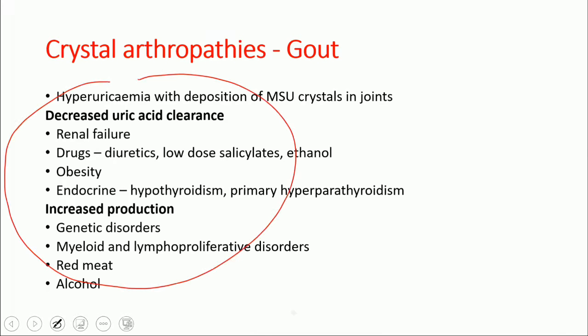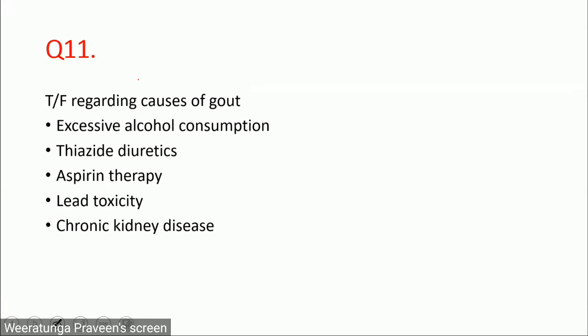Some of the causes are due to reduced uric acid clearance. For example, in renal failure, there is reduced uric acid clearance. Or sometimes you can have increased production of uric acid. And this is seen in disorders with high cell turnover, like myeloproliferative or lymphoproliferative disorders, also with alcohol. So these are the causes, and question number 11 is asking about the causes of gout.